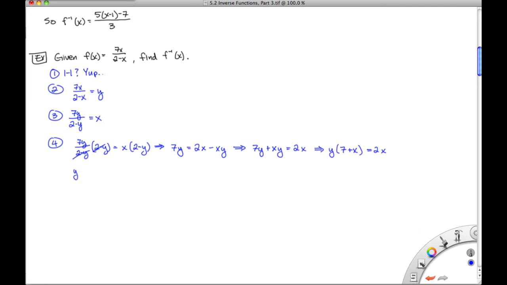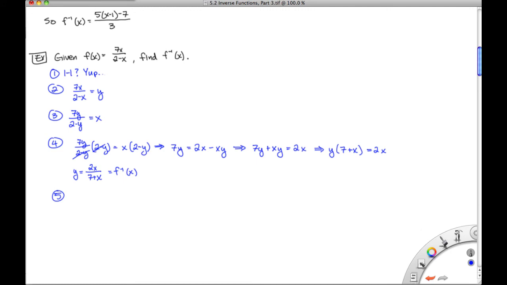So what we end up with is y is equal to 2x divided by 7 plus x. And this is our inverse function, f inverse of x. So not too bad, but we had to do a little bit of trickery algebraically to get that working for us.